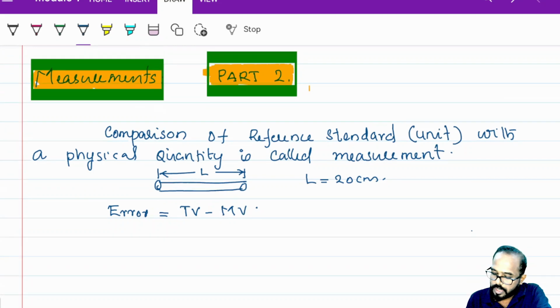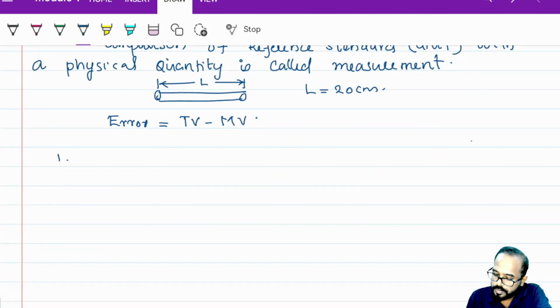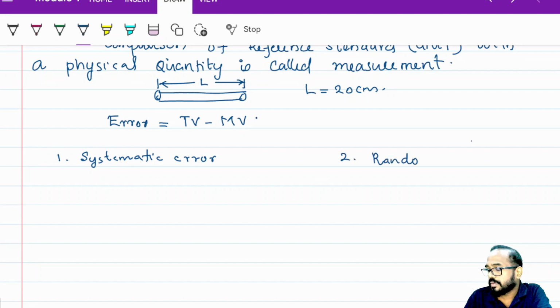One is systematic error and the other is random error. They can ask a 2 mark question related to what is systematic error and random error, the difference between systematic error and random error. Okay, we will understand what a systematic error is.